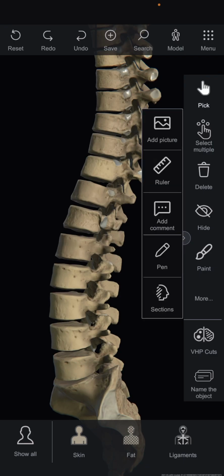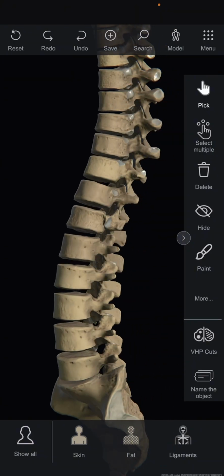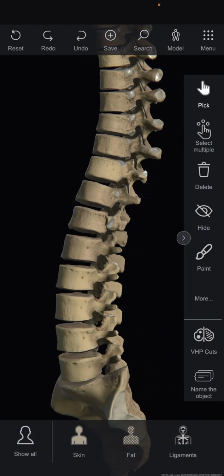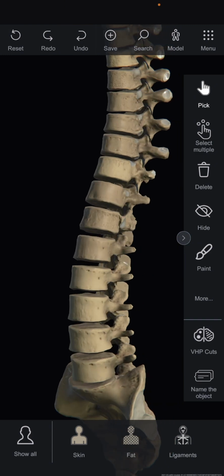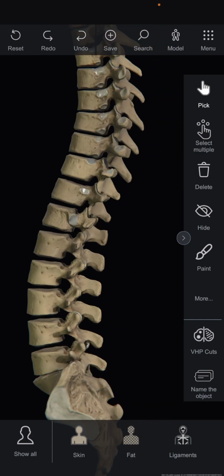But the most important thing in the lumbar region is that we have different processes, two more processes. Actually, in each vertebra we have seven processes: two transverse processes, one spine process, and four articulating processes, two superior and two inferior. Superior means articulating with the next vertebra, and inferior with the vertebra below.